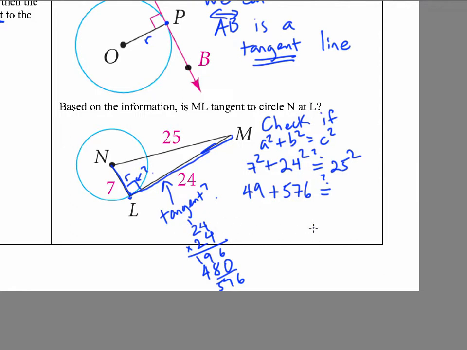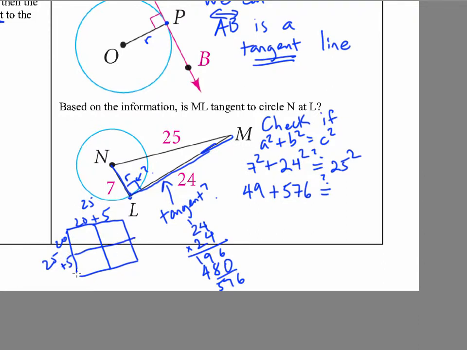25 times 25. Well, let's do it a different way here. I'm going to draw this little box here. What's the area? I'm going to split that into something easier to work with: 20 plus 5, that's the same thing as 25, and 20 plus 5. You don't have to do this. If you want to do the standard way, that's fine.